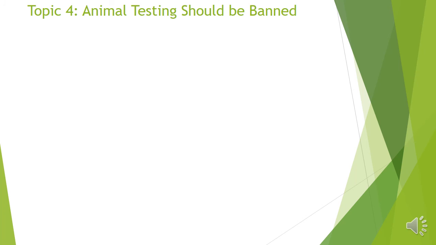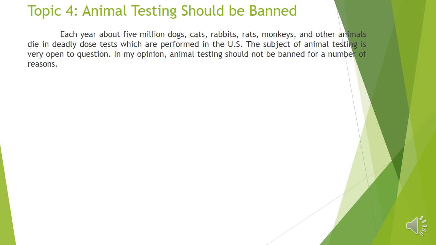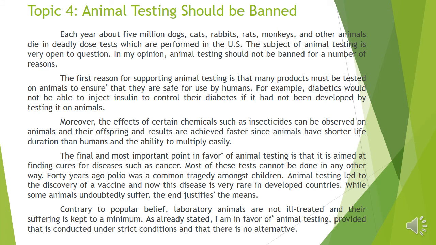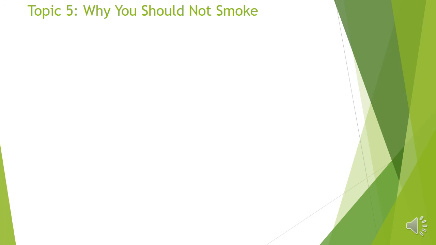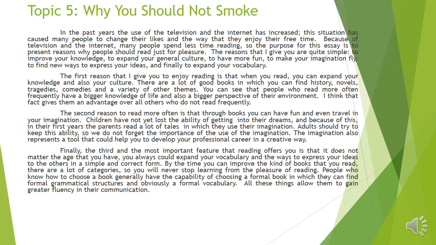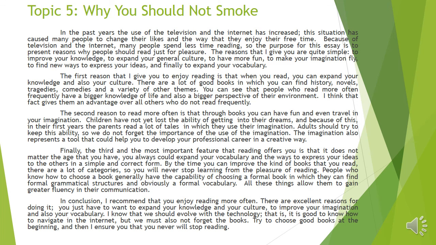Do you agree or disagree? Let's have a look at the example. Alright, very good. Now, topic number 5, why you should not smoke. Right, this is the first paragraph, second paragraph, the third paragraph, the fourth paragraph, and the conclusion.